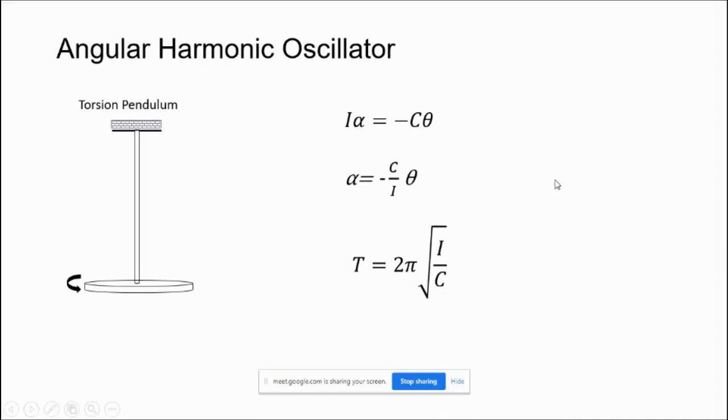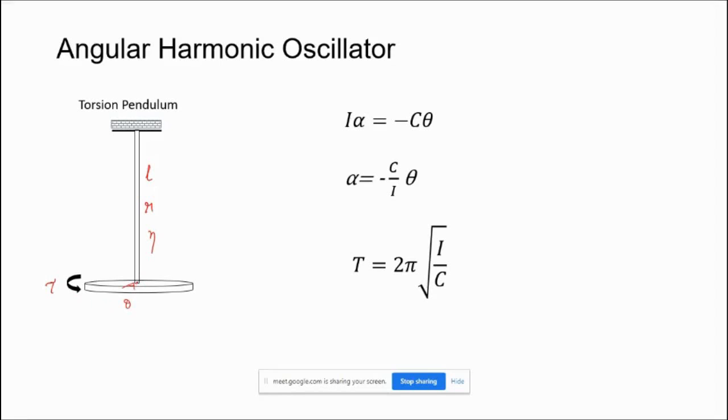So, we have seen that a torsional pendulum is an angular harmonic oscillator. It has a wire of length L, radius R, and rigidity modulus eta. When an external torque is applied to this disc, the disc gets twisted by an angle theta.